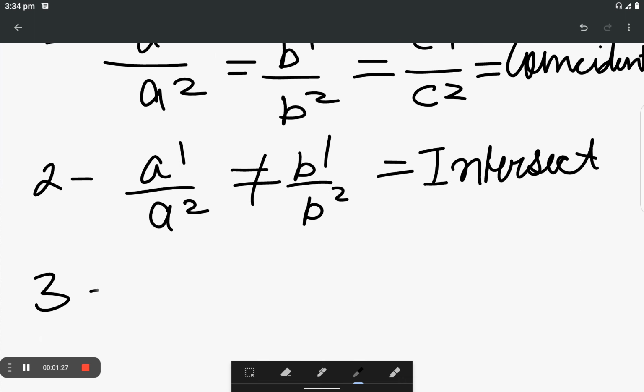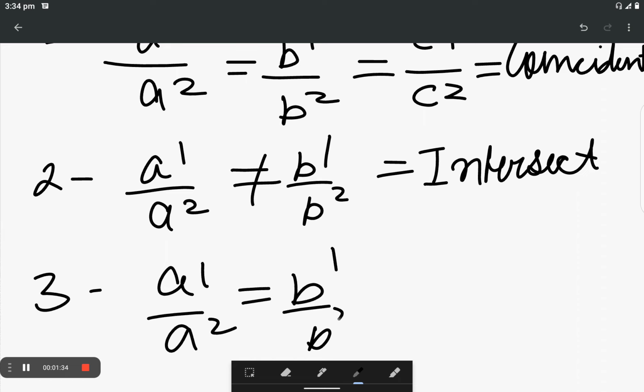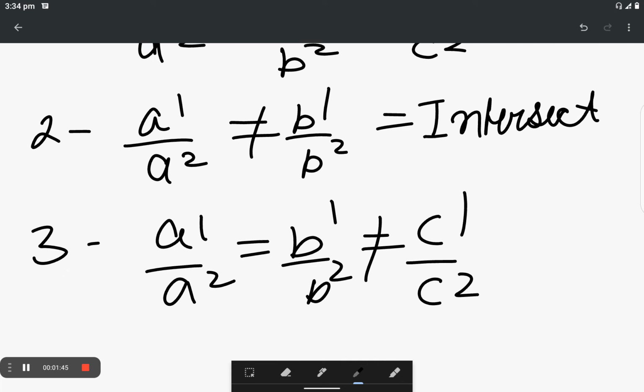In the third situation, A1 upon A2 is equal to B1 upon B2, but they are not equal to C1 upon C2. This gives the result that the lines are parallel to each other, and this does not give any solution. So this is called inconsistent.